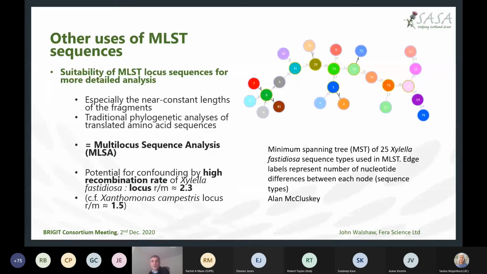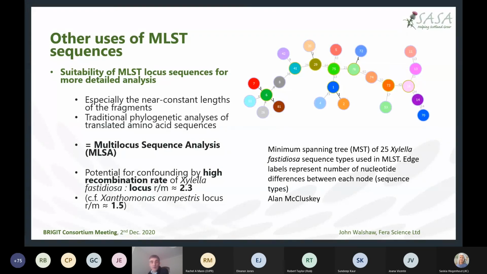So I just wanted to point out that other kinds of analysis are possible with the MLST sequences. More sophisticated approaches: the near constant length lends itself to traditional phylogenetic analysis of either the DNA sequences or indeed the amino acid sequences.